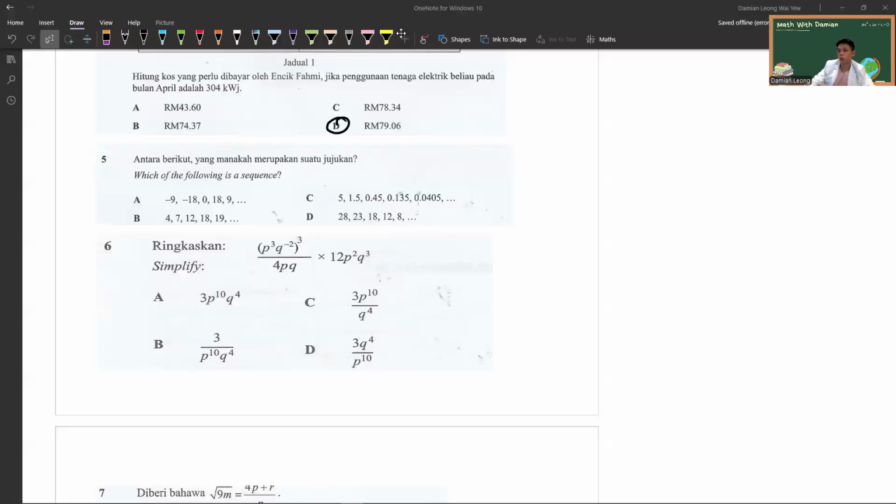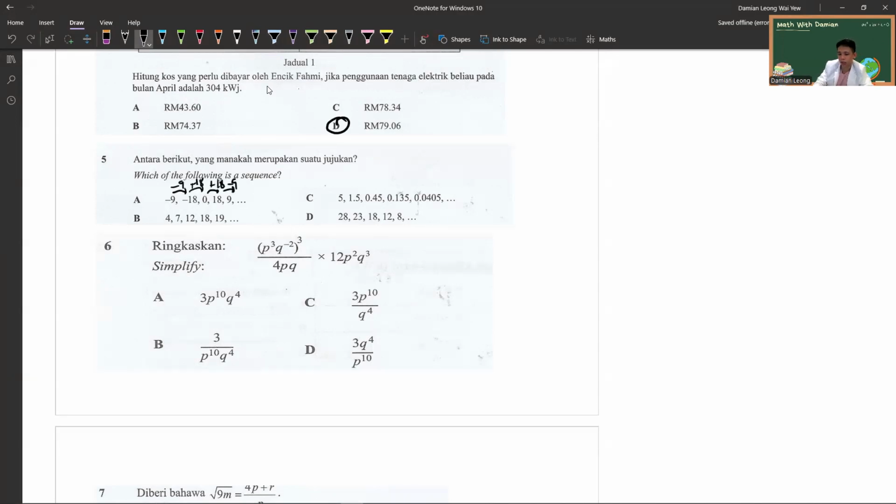Then question 5. They just want to know which of the following is a sequence. If it is a sequence, it should follow a specific pattern of change. From -9 to -18, it's decreasing by 9, but from -18 to 0, suddenly it plus 18, then here plus 18, then suddenly here minus 9.